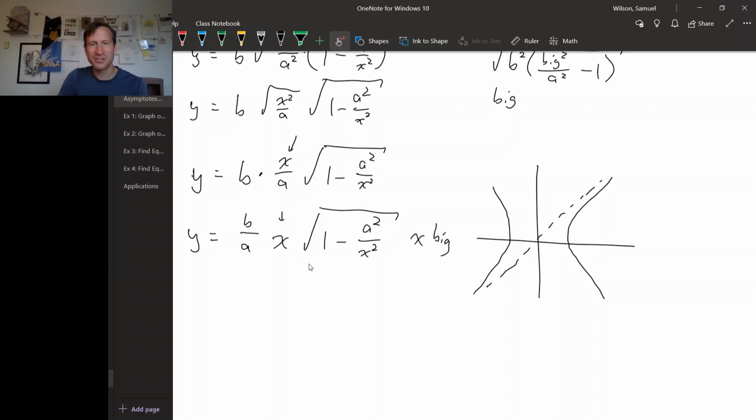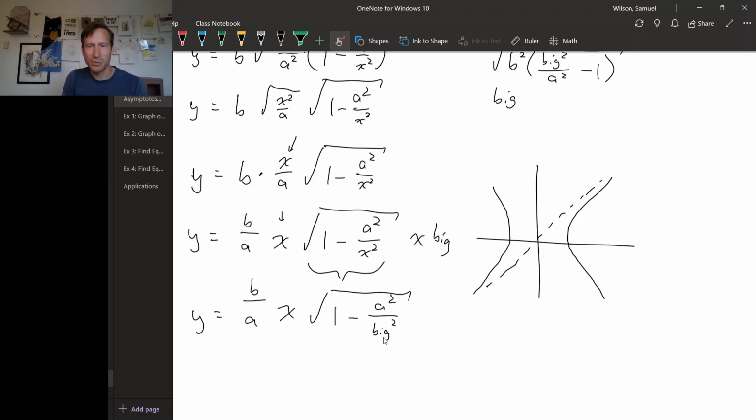So rather than just plug in big x everywhere, let's do it just for the second piece, because it's the second piece that gives the hyperbola its nature. So let's imagine what happens to this square root when x is big. So y equals b over a times x times the square root of 1 minus a squared over big x squared.